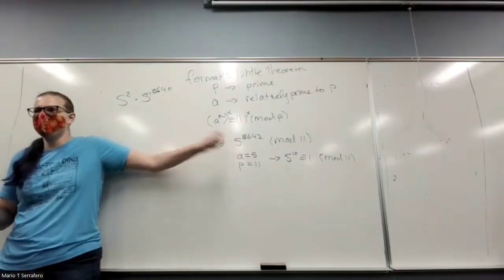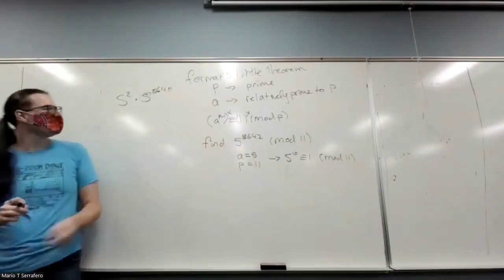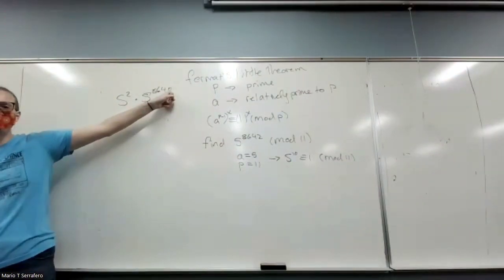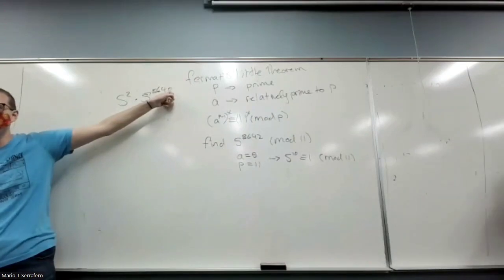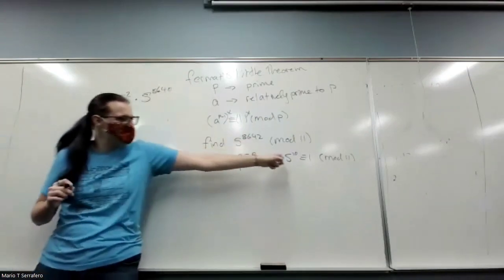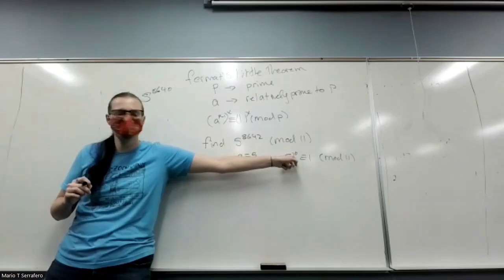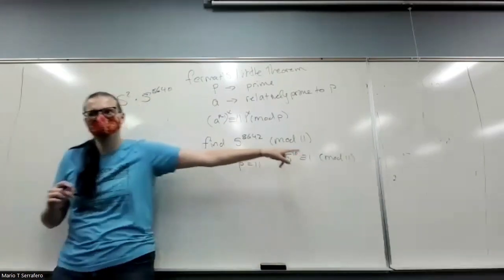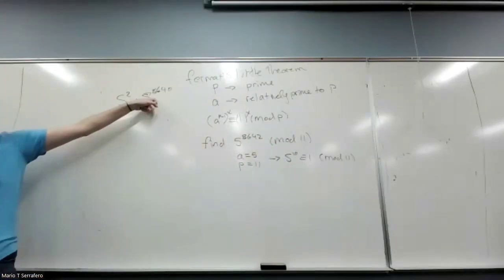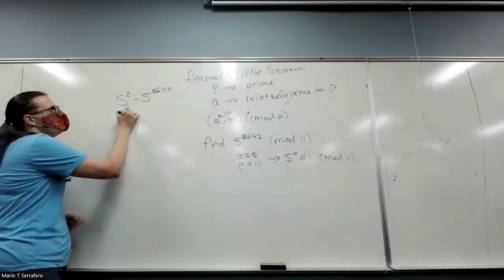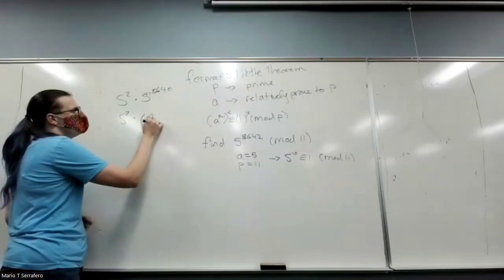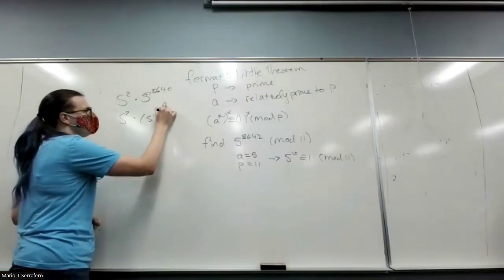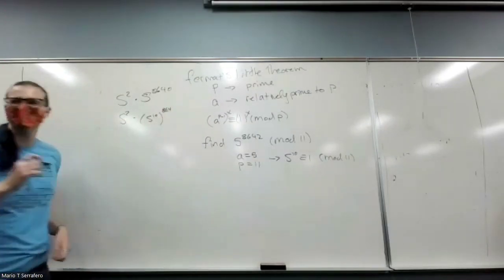It's the same as this. I've just written it slightly differently. But now my exponent ends in a 0. So now I've got a multiple of 10, which is really nice because that's eventually just going to become a 1. So I can rewrite this again: 5 squared times 5 to the 10th to the 864.